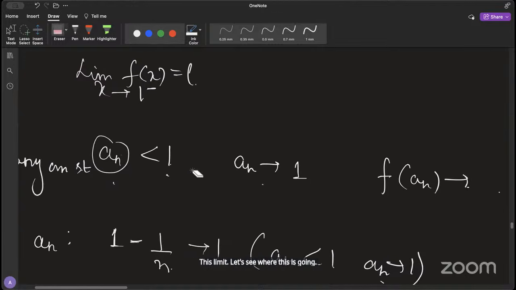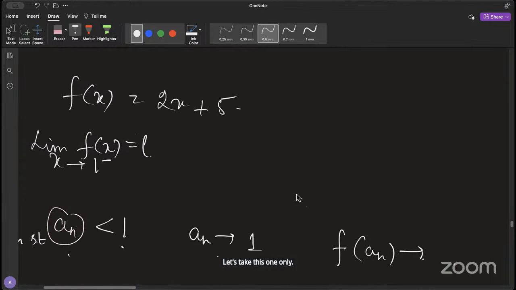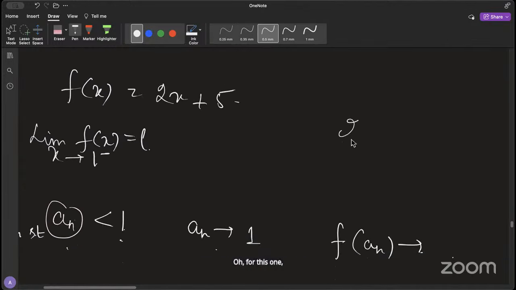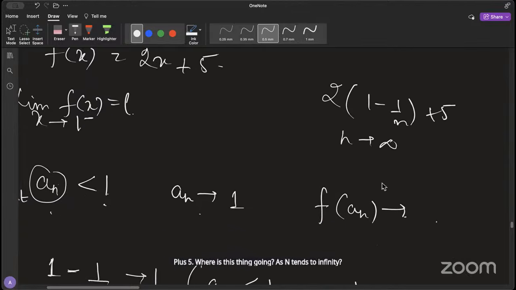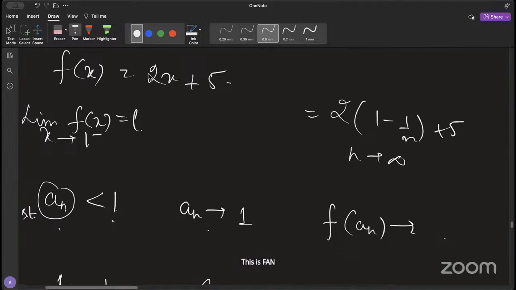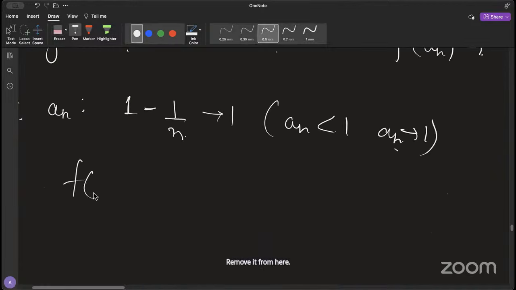Take this sequence: f(a_n) is 2 times (1 minus 1 by n) plus 5.